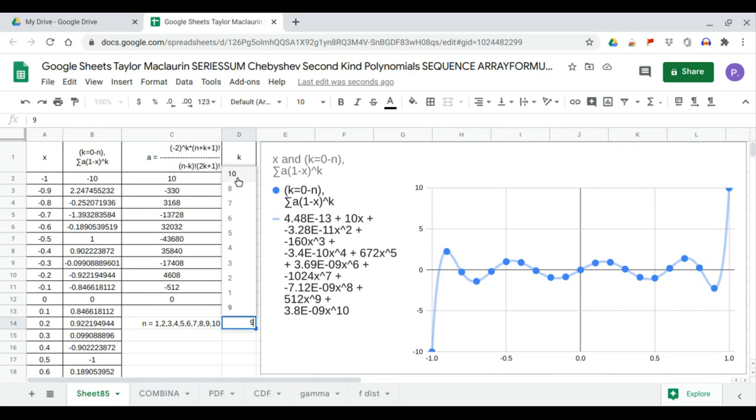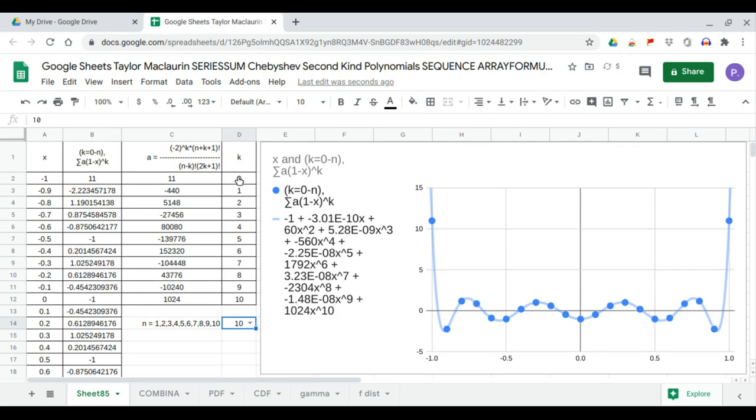At n equals 10, our value for y is negative 1 plus 60x squared minus 560x to the fourth plus 1792x to the sixth minus 2304x to the eighth plus 1024x to the 10th.